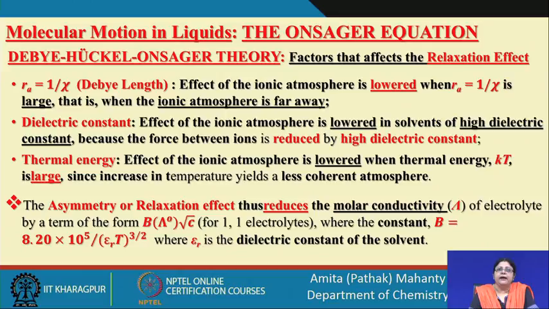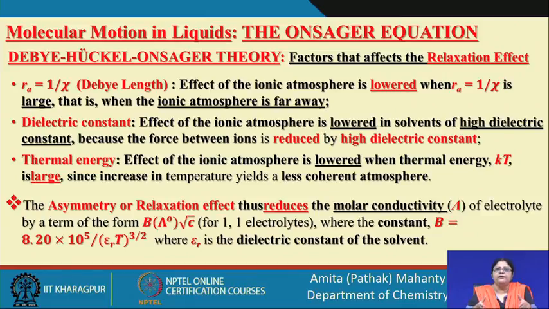Why? If the dielectric constant is large, then the forces between the ions are going to be reduced by the dielectric constant of the solvent, because with a high dielectric constant, they themselves will have a separation of charge.